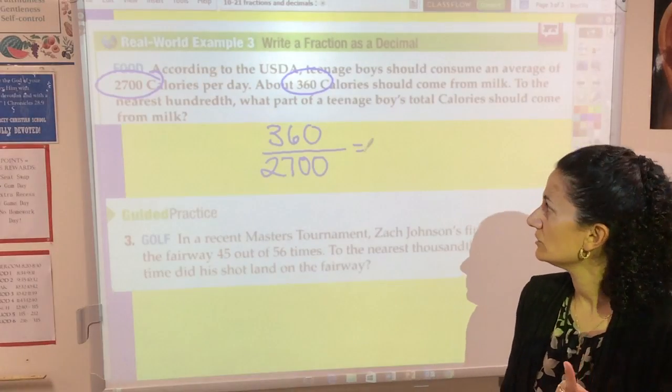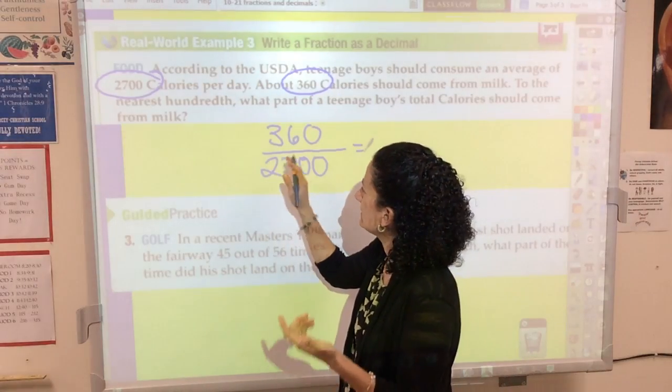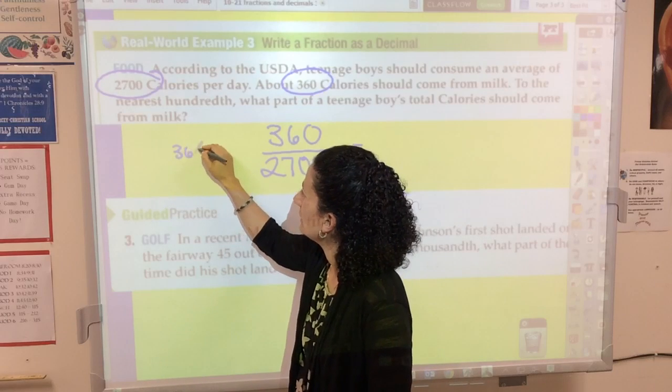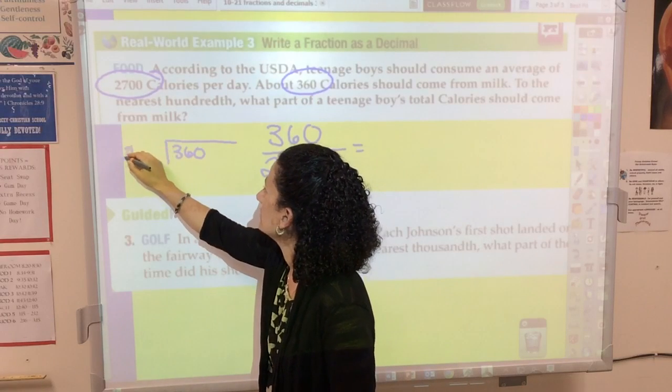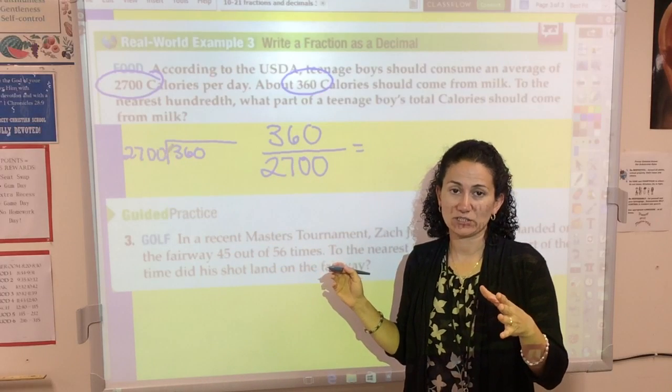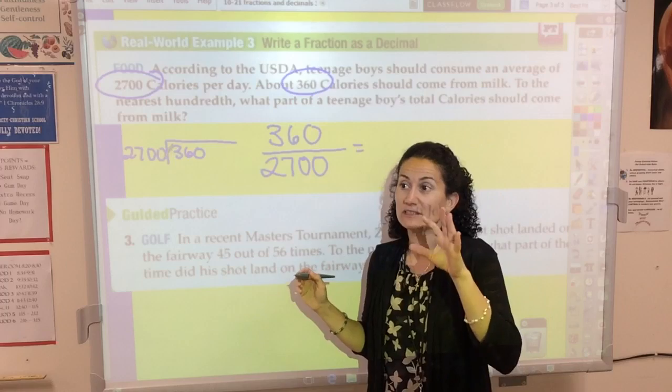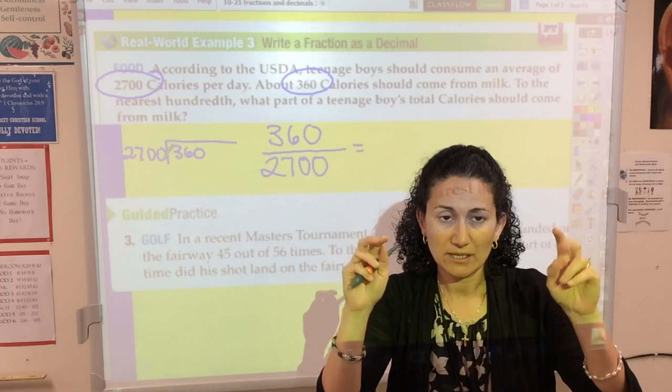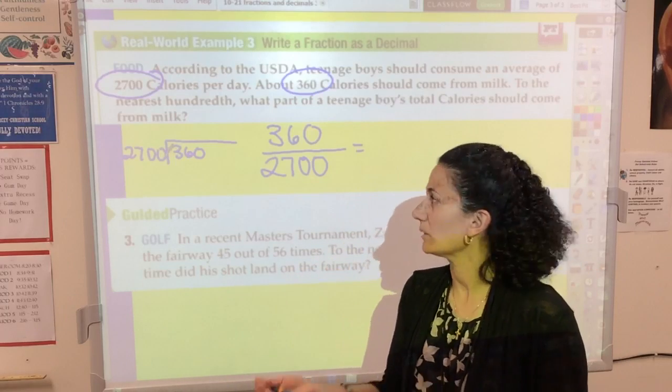One strategy I can use here is, instead of having to divide 360 by 2,700, I can simplify this fraction. Simplifying a fraction definitely makes the problem simpler, because then we'll have smaller numbers to work with.